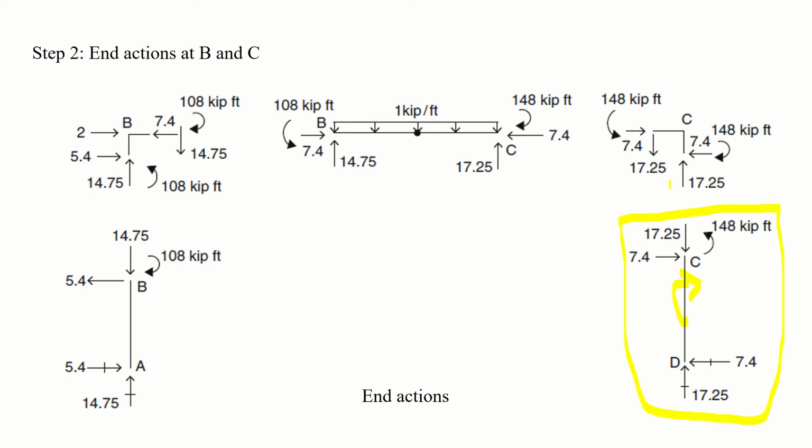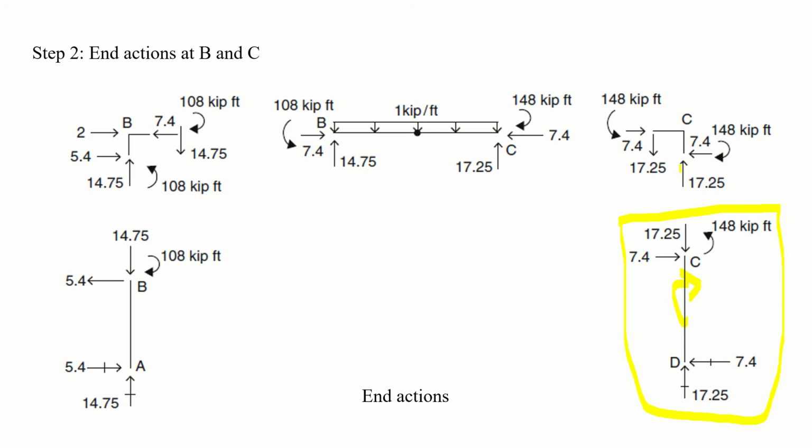Now, what's next? You have to satisfy the equilibrium conditions at joint C. So here is the joint C. Just draw the reactions. For example, 7.4 is rightward, so 7.4 will be leftward. 17.25 is downward, so upward. This is anti-clockwise, so this is clockwise.